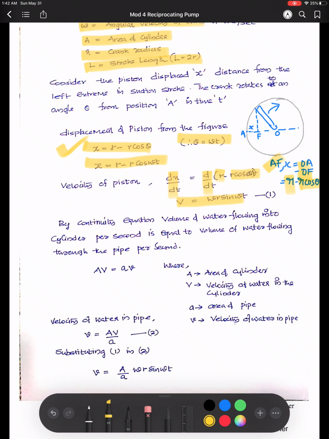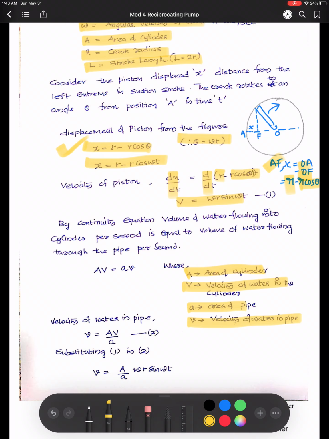Next what we'll be doing is we'll apply the continuity equation. That means the amount of water coming out of the cylinder is equal to the amount of water that is going into the suction pipe or to the delivery pipe, depending on the type of stroke happening. So we'll apply the continuity equation here. That is AV is equal to small a into small v, where capital A is the area of the cylinder, capital V is the velocity of water inside the cylinder, small a is the area of the pipe, small v is the velocity of water in the pipe.